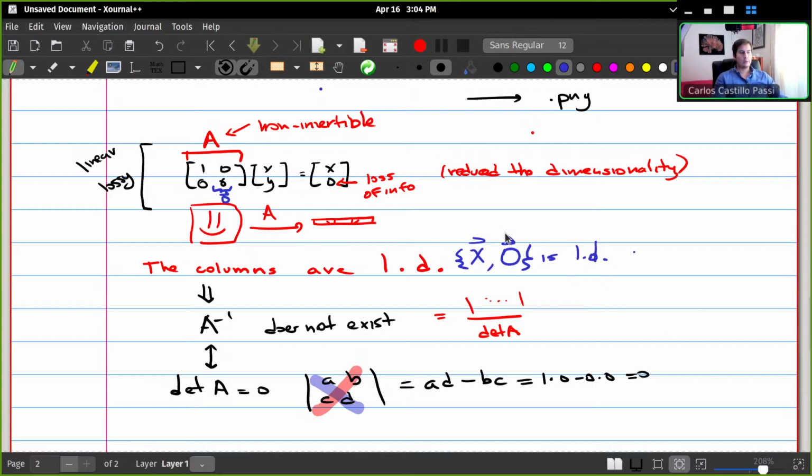In the case that a column is 0, that means that we have a loss of dimensionality, but you could have the case of a matrix 1, 2, and 2, 4, in which the columns are linearly dependent, all the coefficients are non-zero, and the inverse of this matrix does not exist.